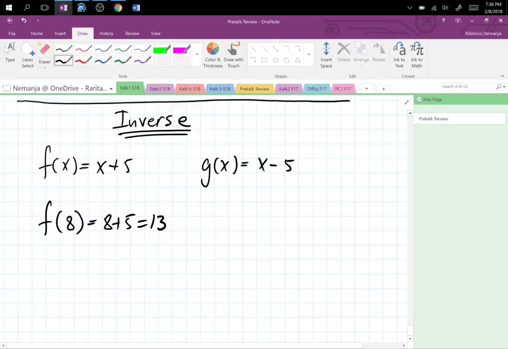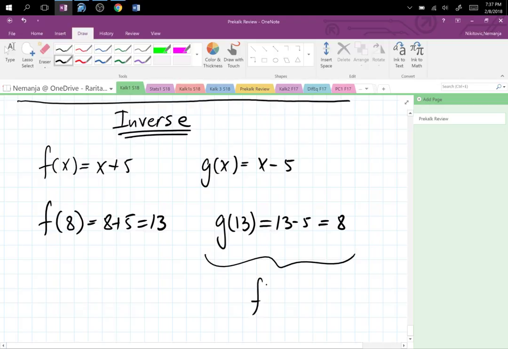Now the second function, g, will take that 13, and when you plug in 13 minus 5, it will give you back 8. So this function is known as the inverse of f, because it turns the output back into what your original input was.